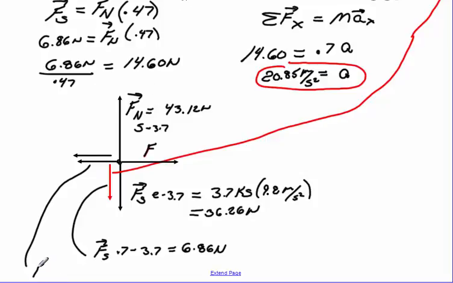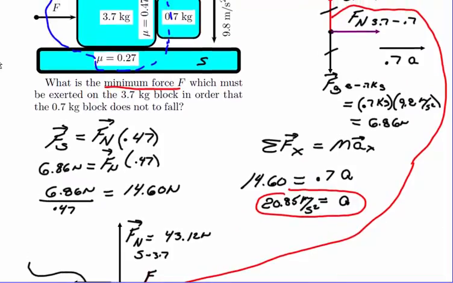That's going to be the normal force of the 0.7 onto the 3.7. And again, that's going to equal my 14.6 newtons. All right, now let's figure out what the friction is. Let's go back to our picture.